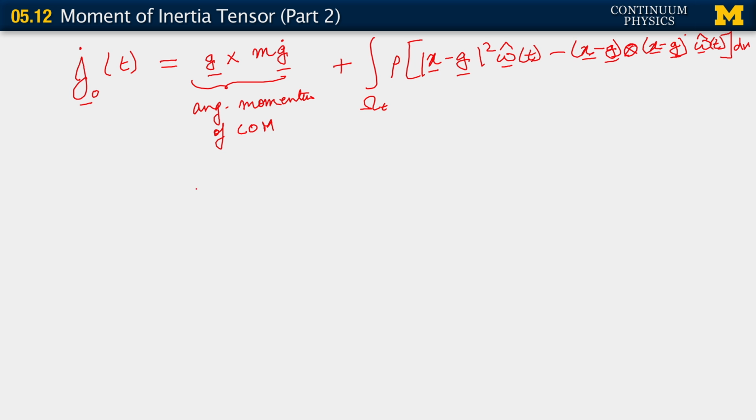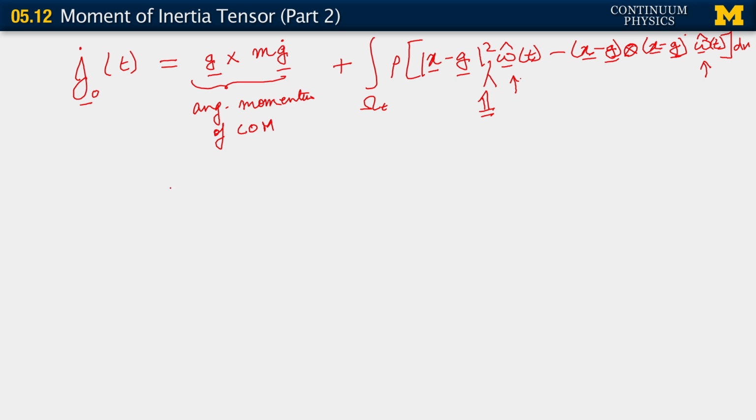What I'm going to do in this last term is observe that omega hat t is a vector, and it appears in both those terms. Since it's a function of time alone, I can pull it out of the integral. And in fact, I'm always free to squeeze in here the isotropic tensor. It always comes along for free and doesn't change anything.